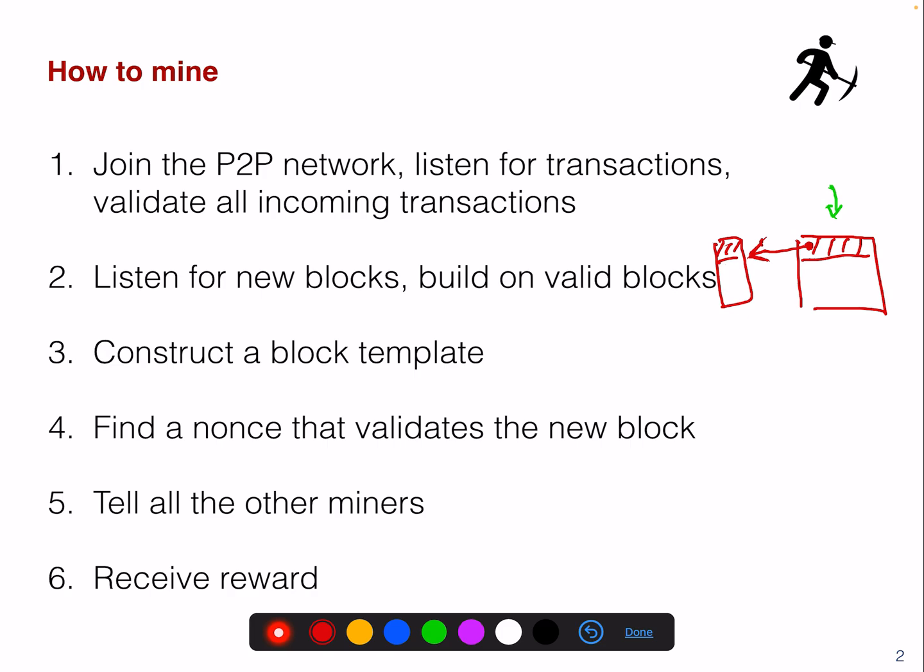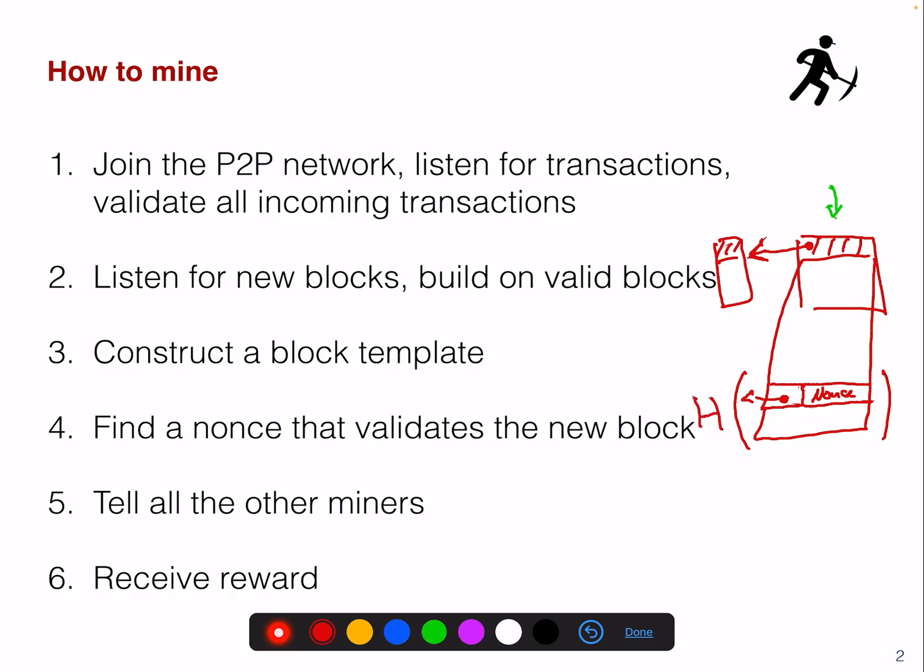Then we find a nonce that validates the new block. So in this block header, you have this pointer to the previous block. This is one field, and then you also have a nonce, which is a number that you can change. What you need to do as a miner is take the hash of this blob of data.